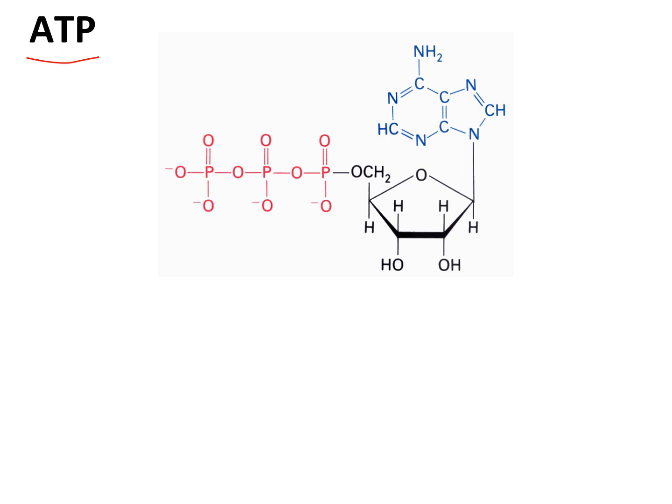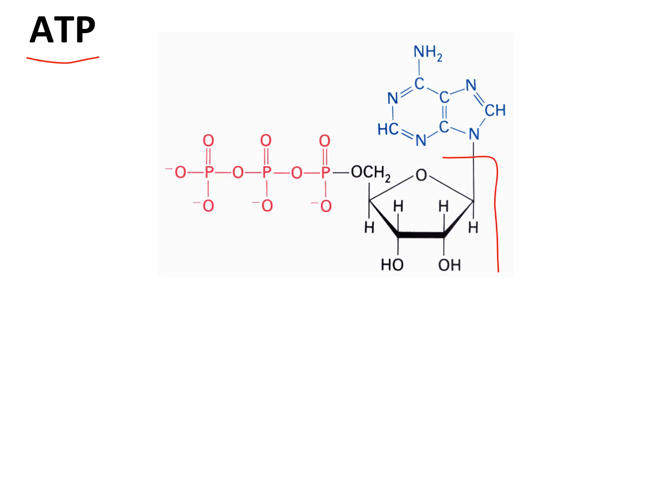Often when talking about nucleic acids, we focus mainly on DNA and RNA, but ATP is also a member of the nucleic acids, and ATP is the readily usable energy for the cell, adenosine triphosphate. Here is an example of the structure of ATP. It's very similar to a nucleotide.